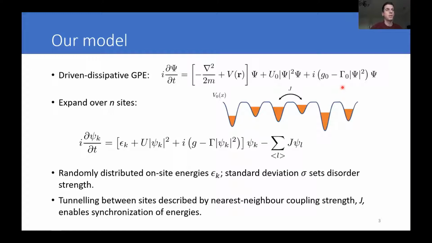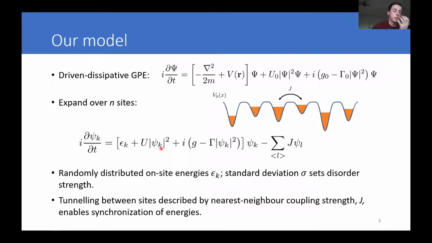To consider a chain or a lattice, we'd expand this over the wave functions of each site. And this gives us a number of coupled equations. We consider randomly distributed on-site energies, which we call epsilon here. Generally, we consider in this work Gaussian distributions, but that's not really important to the results. And the standard deviation of these energies is how we track our disorder strength.